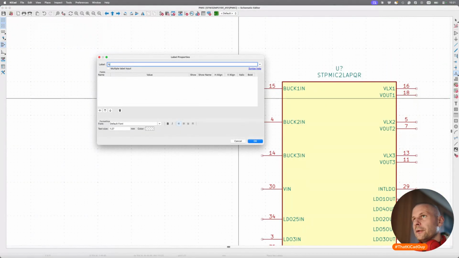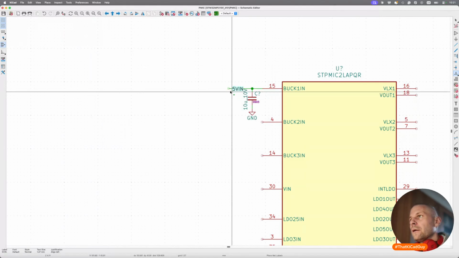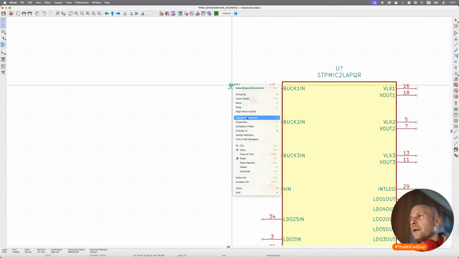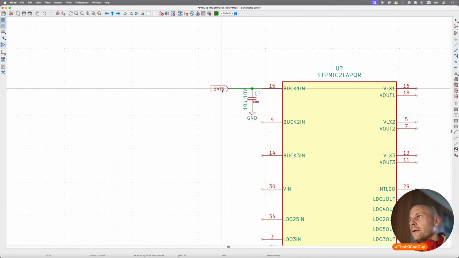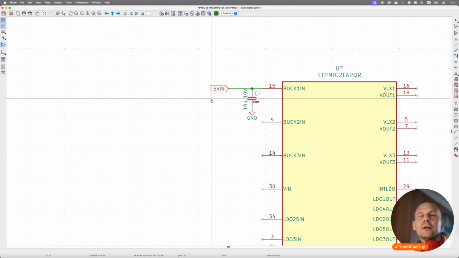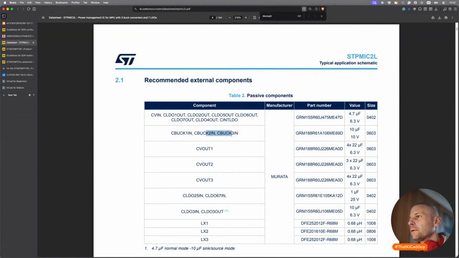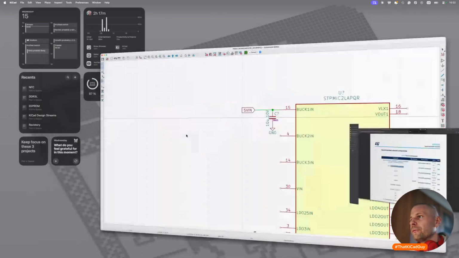There is PV in 5V in this, and it can be a global. Buck 2 in 10 micro and buck 3 in 10 micro.